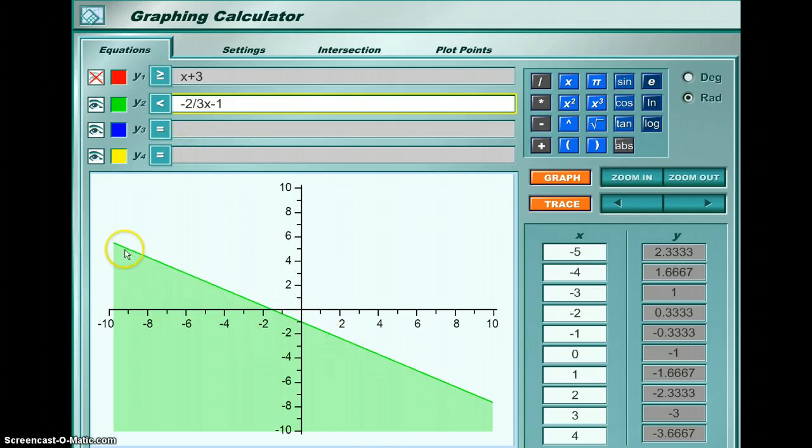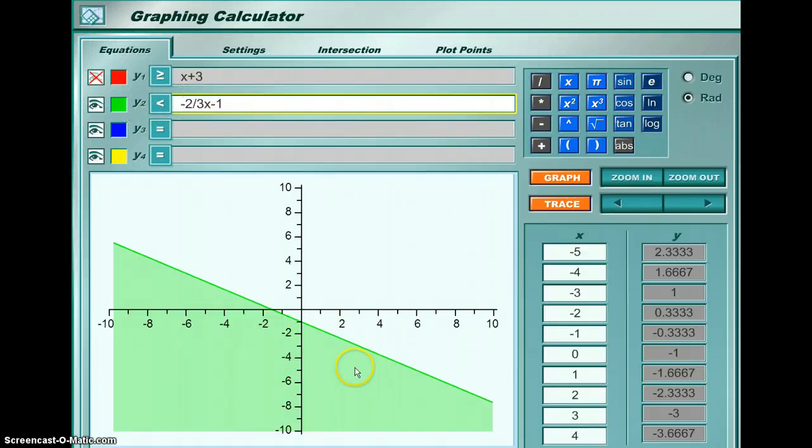The green thin line is the line made from the equation y equals negative 2/3 x minus 1, where the line intersects the y-axis at negative 1 and has a slope of negative 2/3. Now it is shaded below the line because that's what the inequality says. For y2, you want all the y values that are below the line. That's what less than means. That's why everything below is shaded.